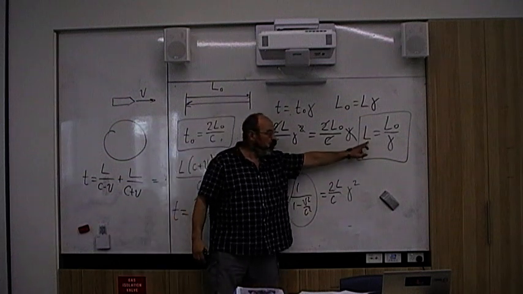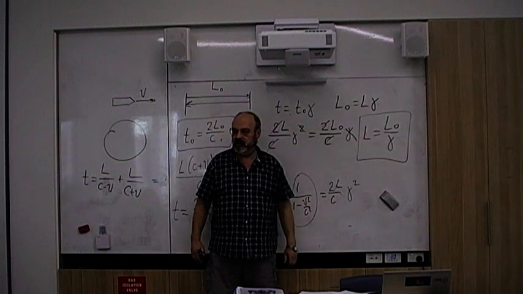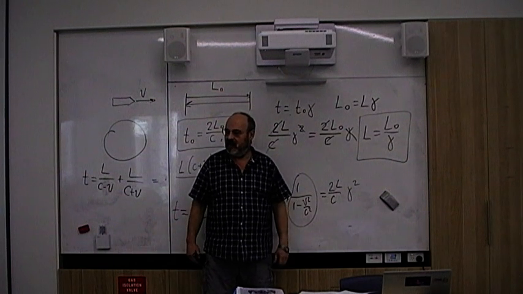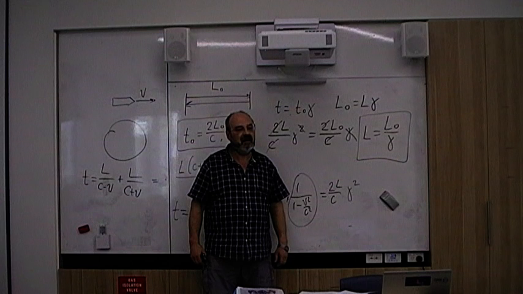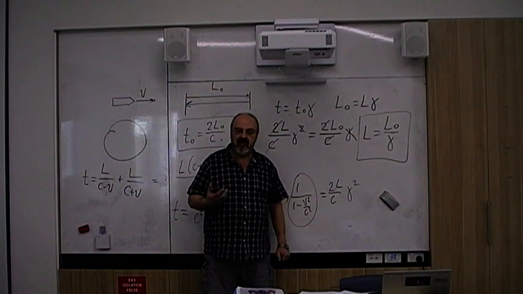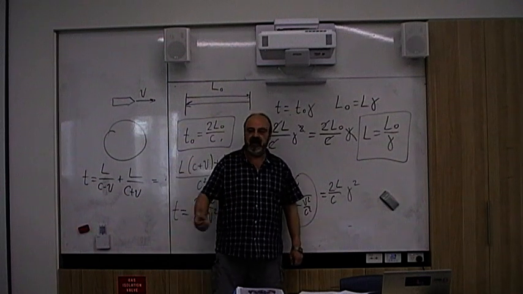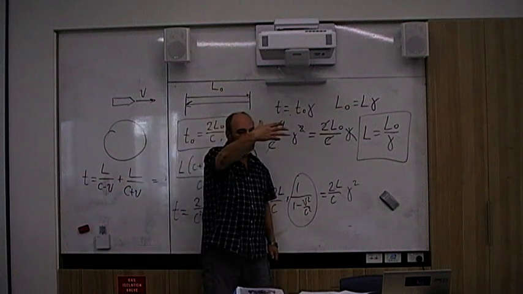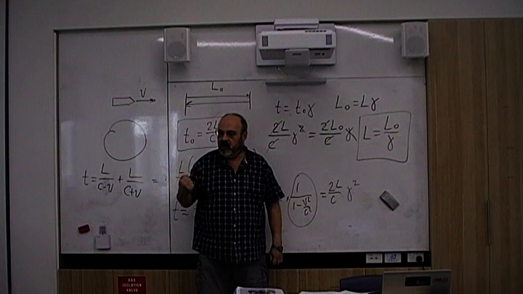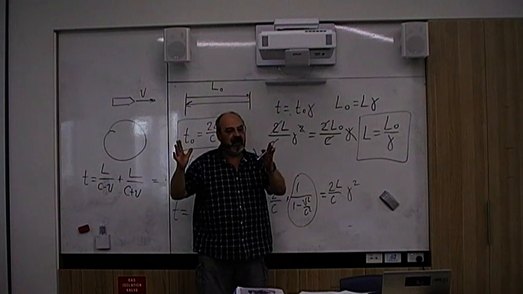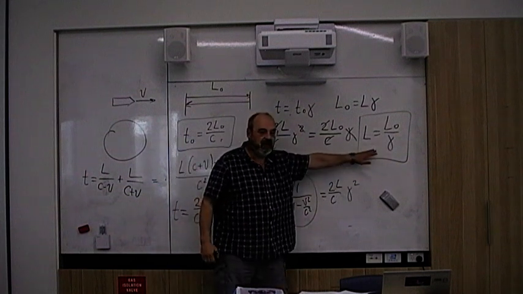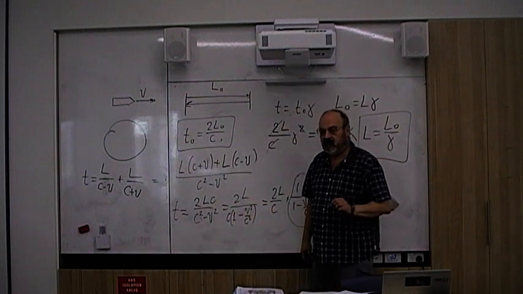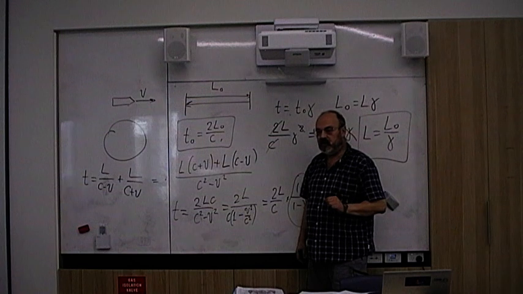So what's greater, L or L0? L0 is always greater, since gamma is greater than 1. So if you are stationary and you observe something moving, you will measure the length of the moving thing as shorter. That's why it's called length contraction.